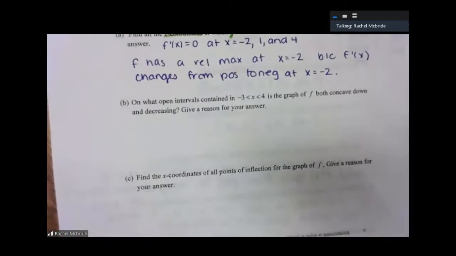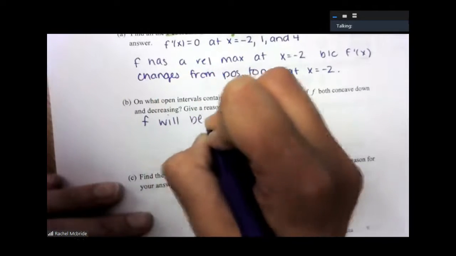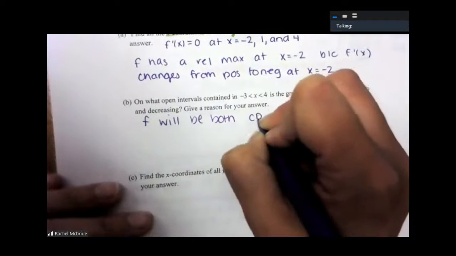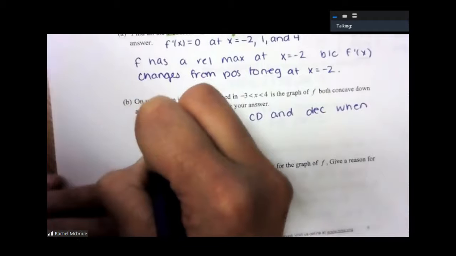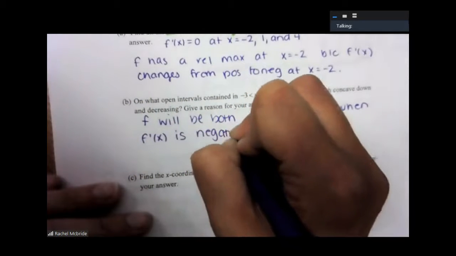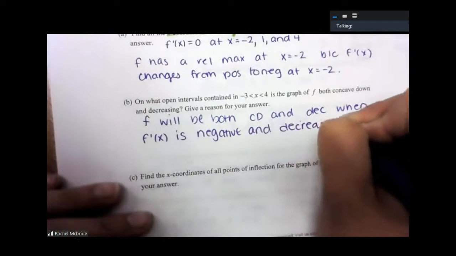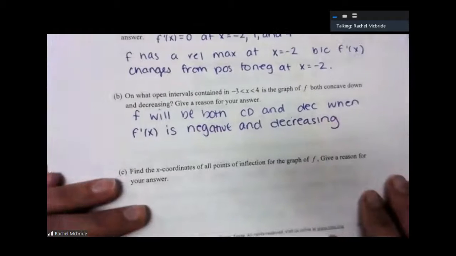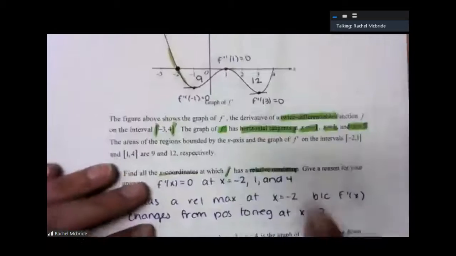So we're looking for a negatively decreasing function. So we're looking for when f prime is both negative and decreasing. So we want to go up to our graph, and we're looking for negative.